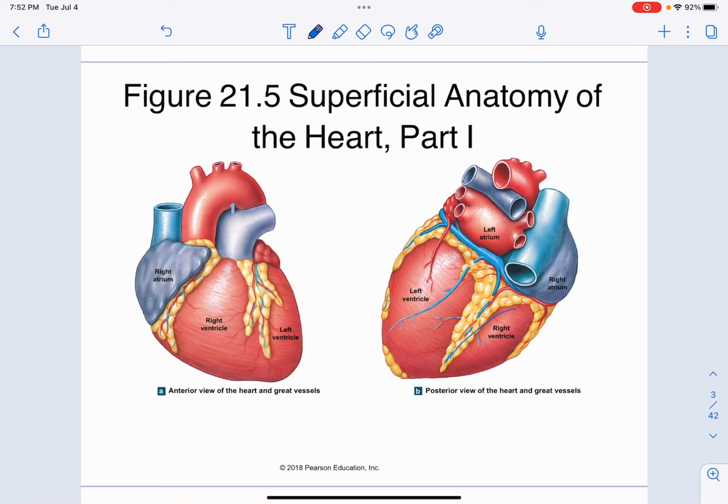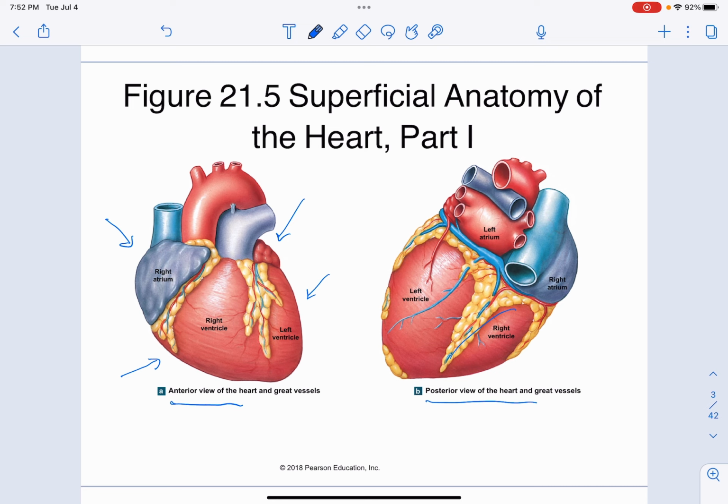This image is showing you an anterior view of the heart as well as a posterior view of the heart. And the heart consists of 4 chambers. There are 2 smaller upper chambers, which is the right atrium and the left atrium, and 2 larger bottom chambers, which are the right ventricle and the left ventricle.